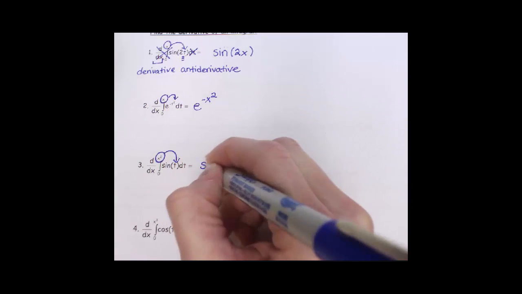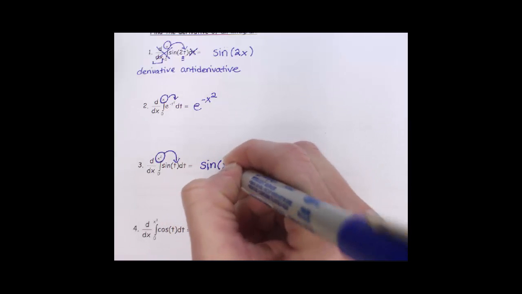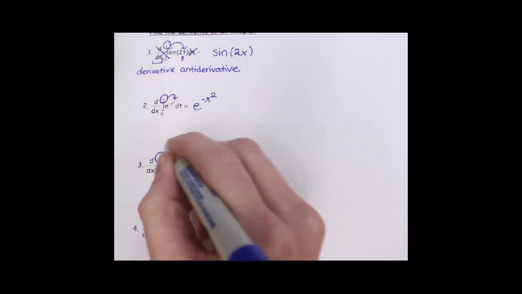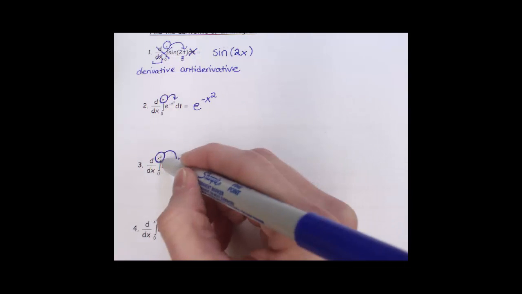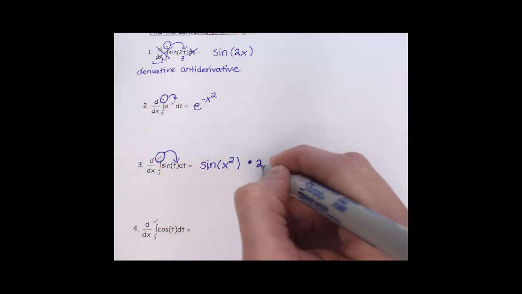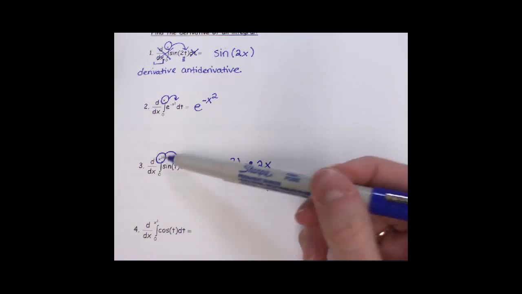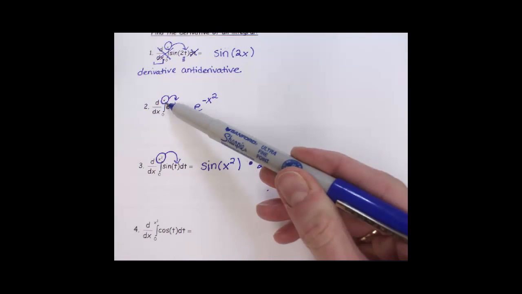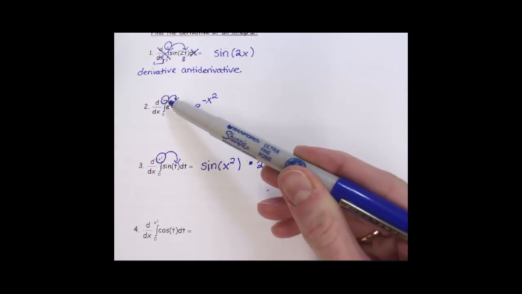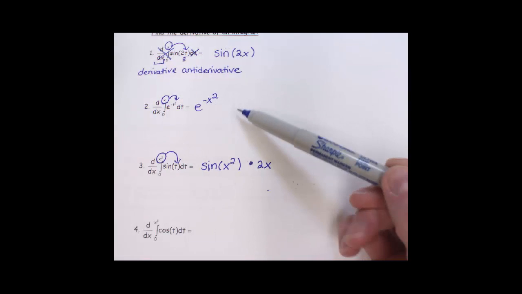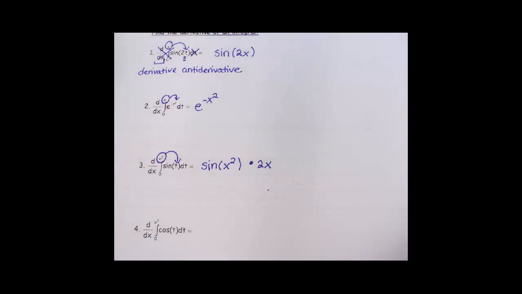So I'm going to get the sine of x squared, but I have to think chain rule, and I have to multiply by the derivative of the top. So the derivative of the top, this x squared, is 2x. Anytime you do a derivative, you have to think chain rule. Up here, when I'm plugging the x back in, the derivative of x is just 1. So technically I was multiplying by a 1 up here. I just didn't need to write it down.